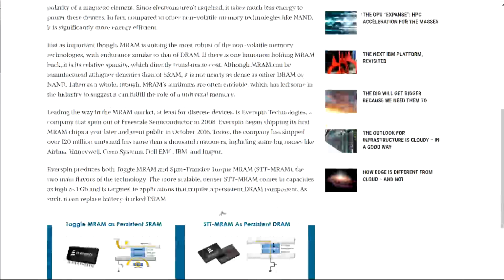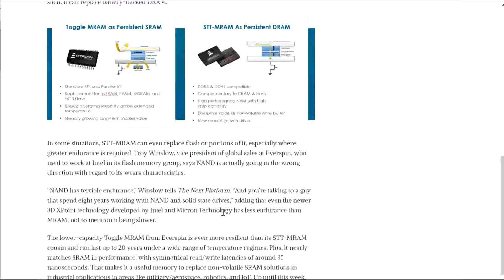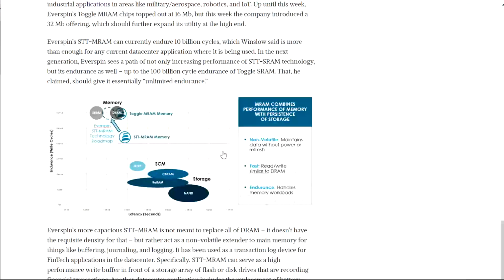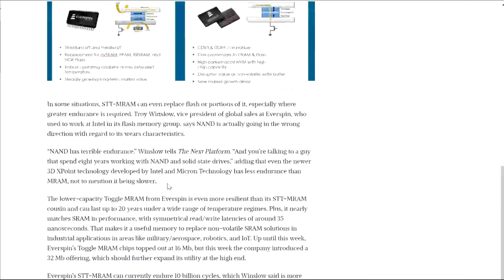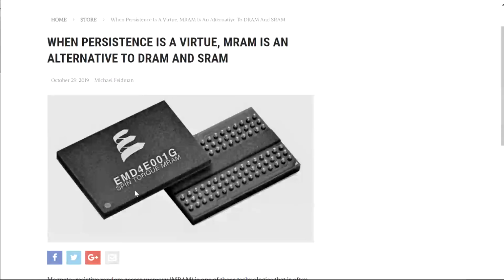So you can read through different papers, and these are different applications. You can use it in different applications. There are different graphs comparing the storage in different types of magnetic materials, but the spin torque RAM, and these are actual chips. This is an actual memory chip that is currently produced. You can buy it.